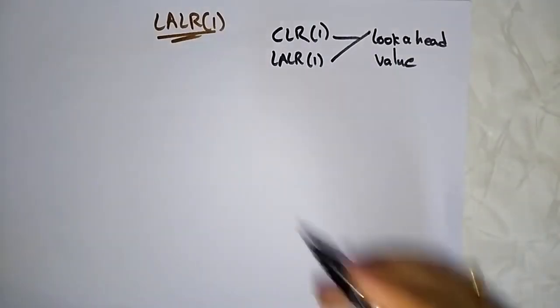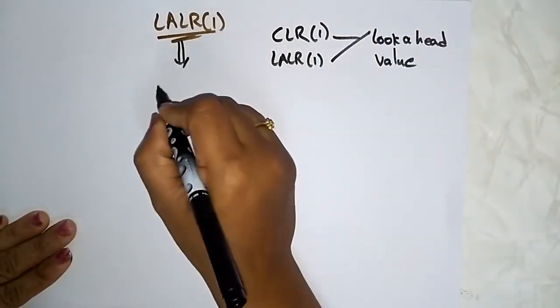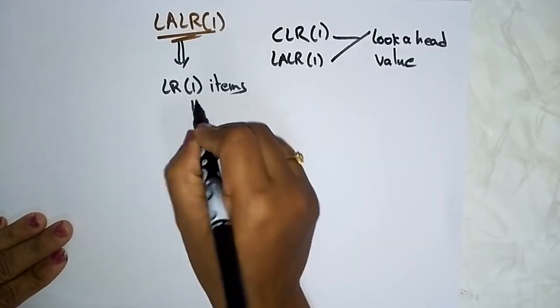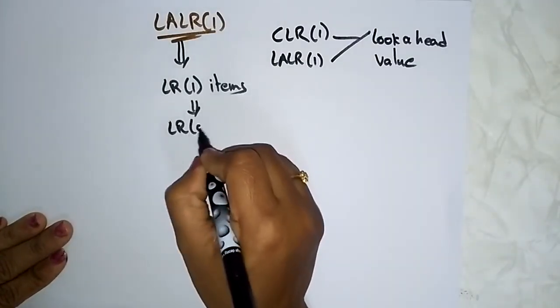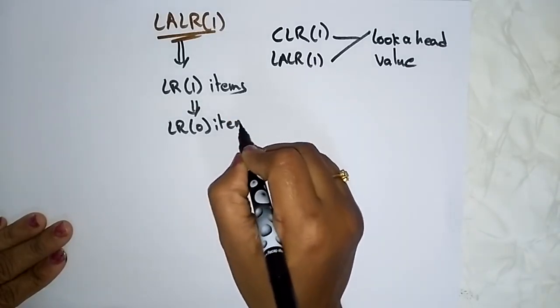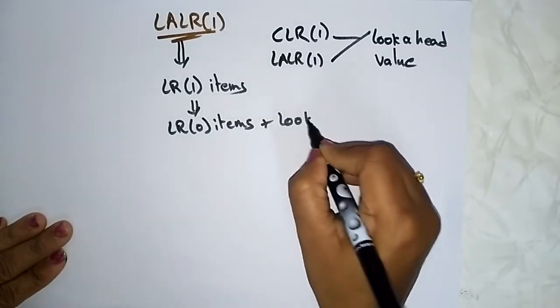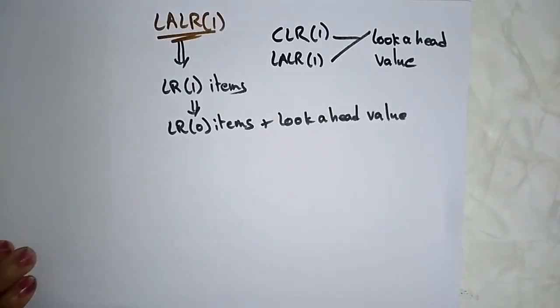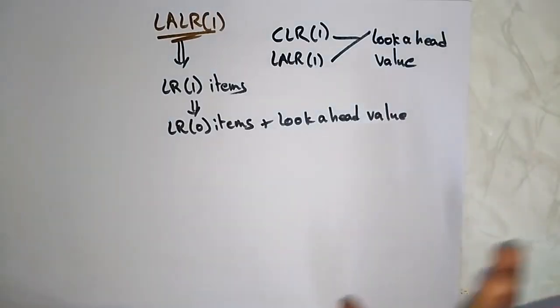LALR1 uses the canonical collection of LR1 items. LR1 items are nothing but LR0 items plus look ahead value. Everything you constructed in the CLR is the same for LALR also.